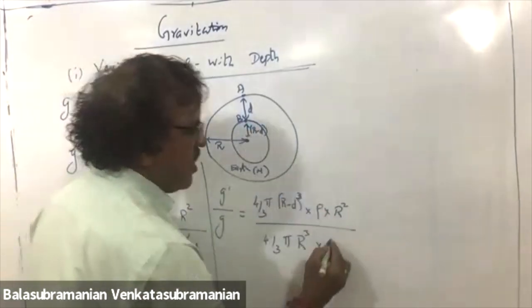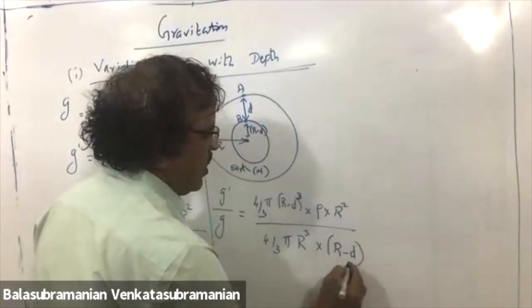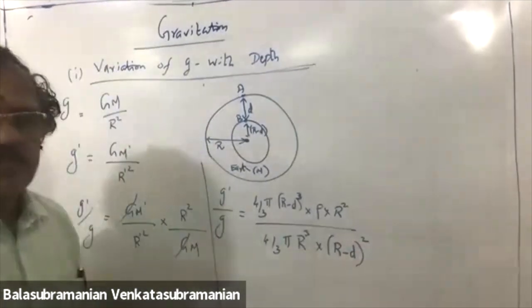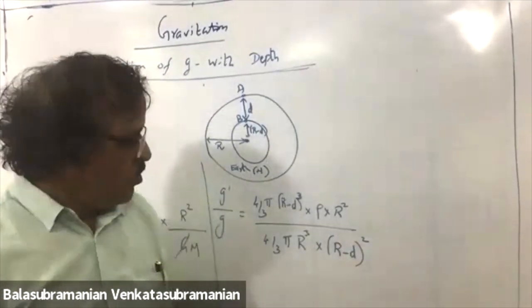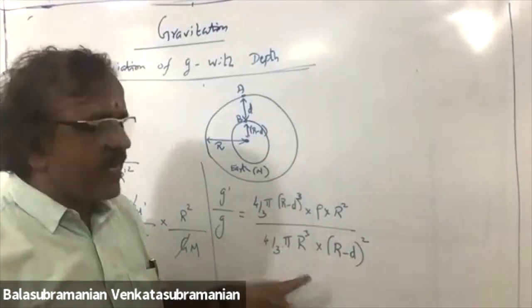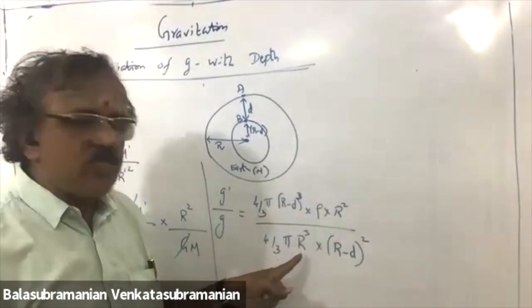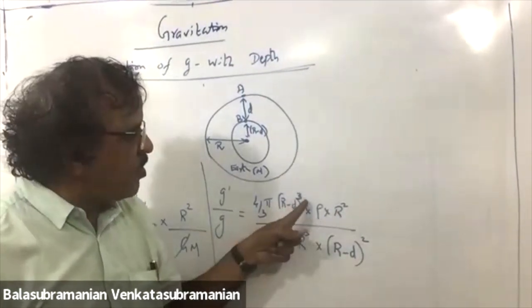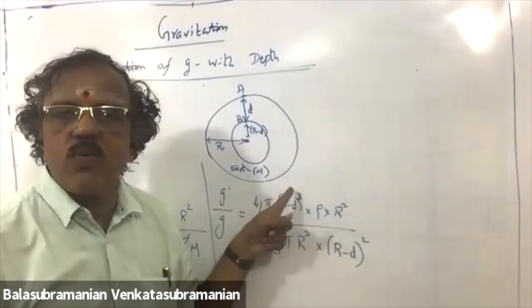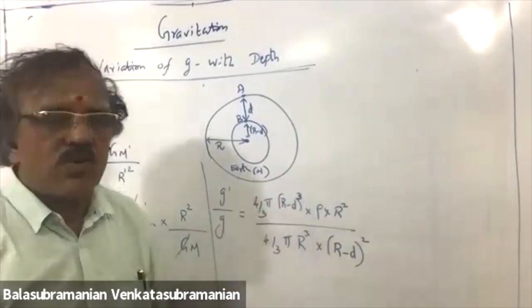What is R dash? R minus d. 4 by 3 pi cancels. R square and R cube, one R remains. R minus d whole cube and R minus d whole square, only one R minus d is left.